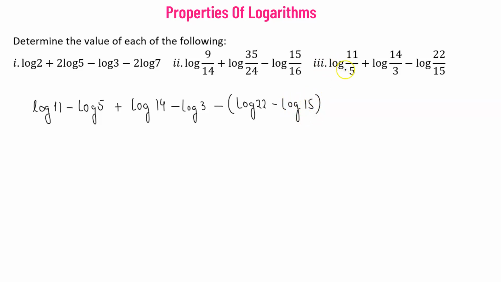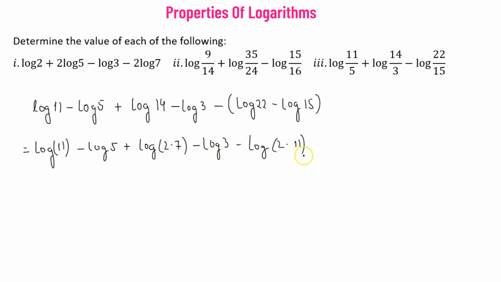So I've broken down the logarithm. So now let's further simplify this. We have log of 11, so this cannot be simplified, minus log of 5 plus log of 14. So 14 will be log of 2 times 7 minus log of 3 minus log of 22. So 22 is 2 times 11.